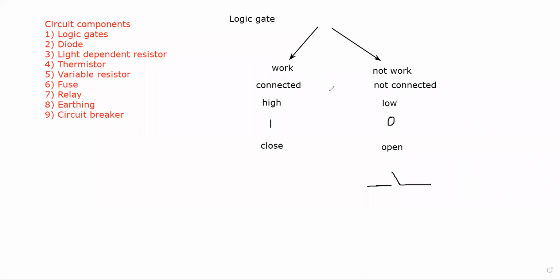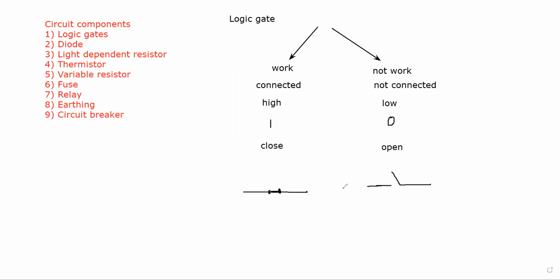It won't allow. That's why we say it is open. But when it is connected, we use the term closed. So a closed circuit means that it allows electricity to pass.